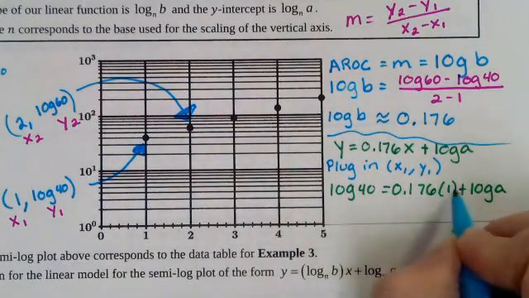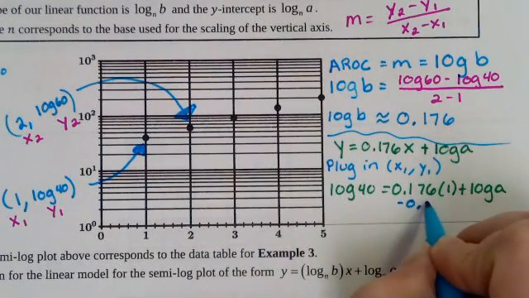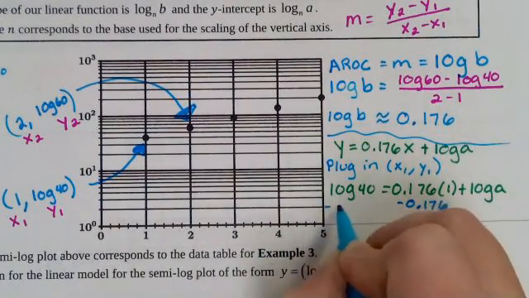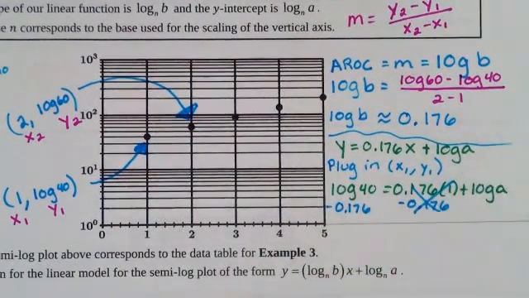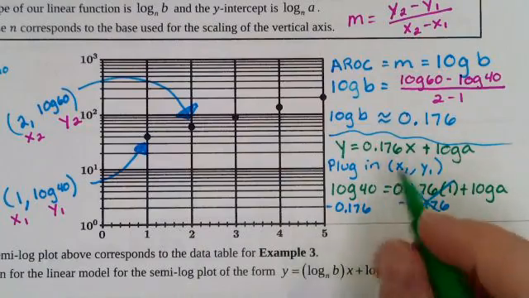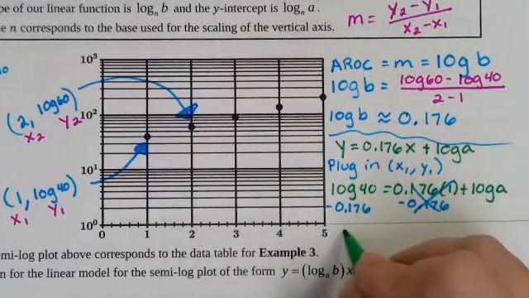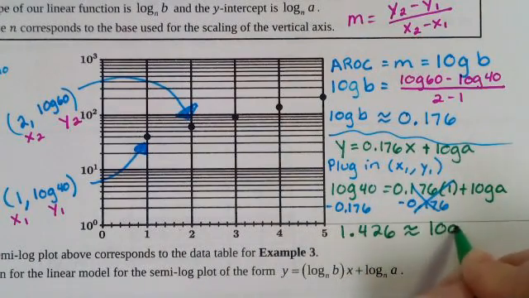This is 0.176 times 1, so it's just 0.176. I'm going to subtract that on both sides. And guys, if we type that in the calculator, log of 40 minus 0.176, you will get approximately 1.426 to be log of a.